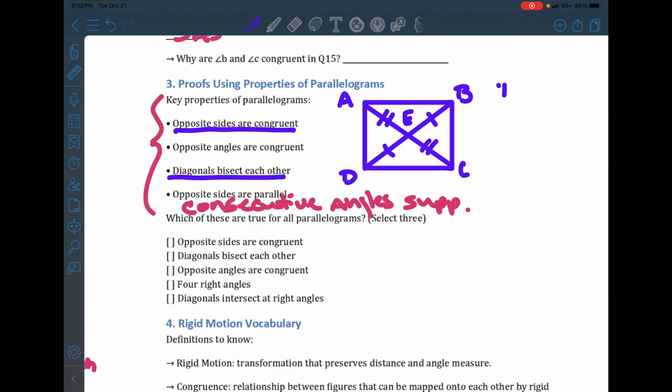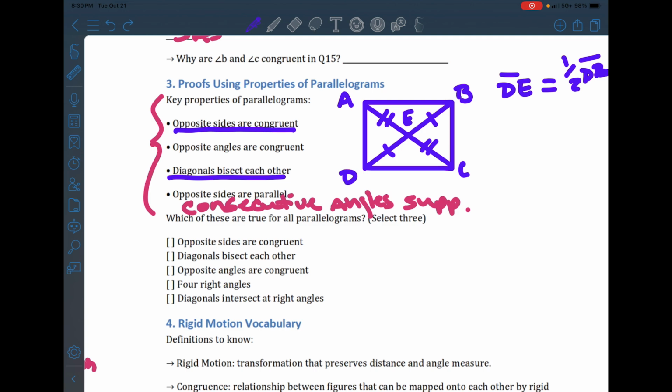But if I'm looking at DB, I know that DE is half, sorry, this should not be congruent, should be equal, half of DB. So this is half of this whole side.